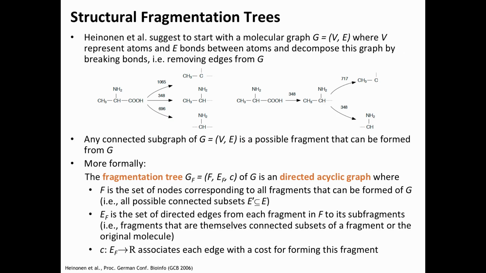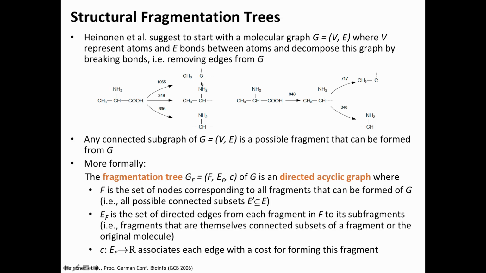So this first idea by Heinonen et al. suggested to start with a molecular graph and just walk all the edges and decompose the graph. So you start with a structure, and you think about possible ways of breaking this. I could break this bond, this bond, this bond.